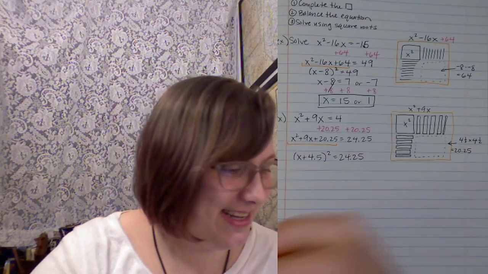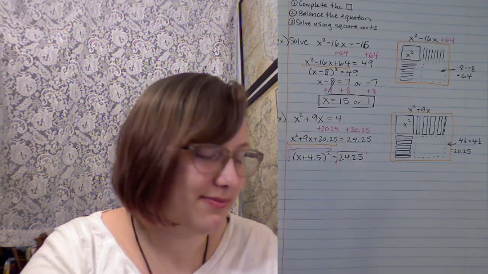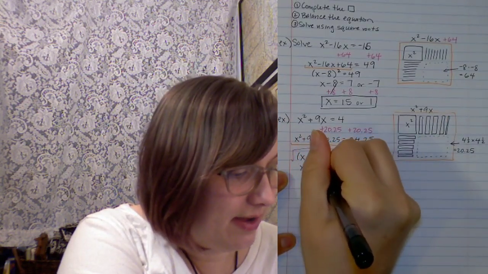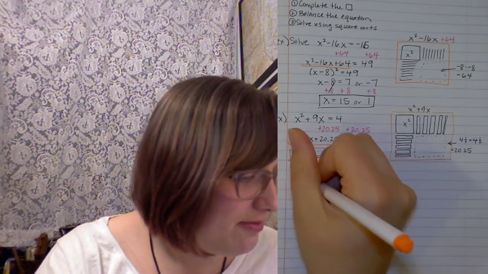I don't know what the square root of 24.25 is, but I know it's going to be the positive and the negative. So here's one way we can do this. I'll say x plus 4.5 equals plus or minus the square root of 24.25. I don't really need to find it. It's okay. And then I'm going to subtract the 4.5.